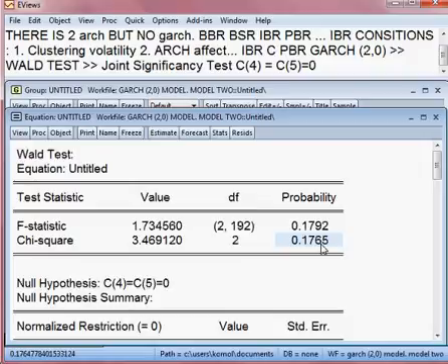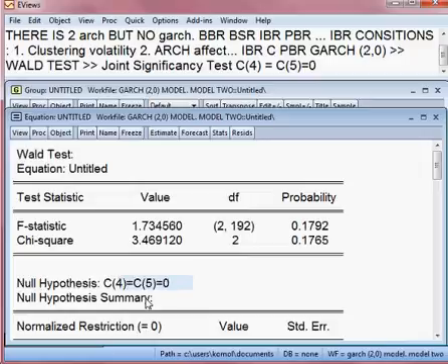Rather, we accept the null hypothesis, meaning that C4, C5 equal to 0, meaning that ARCH1 and ARCH2 jointly cannot influence the volatility of the Indian bond return.